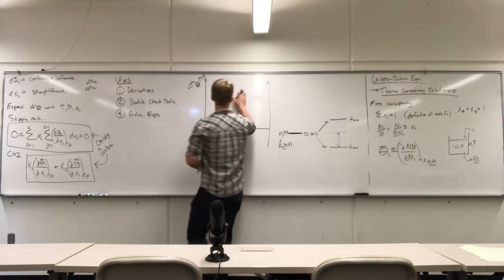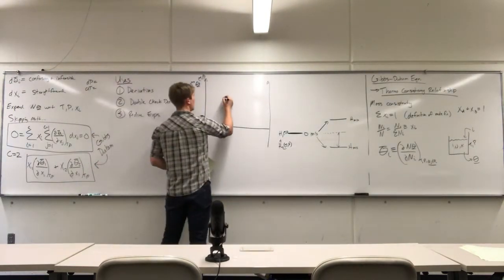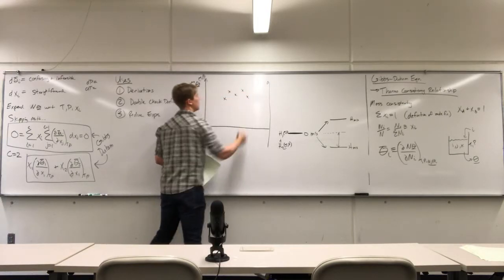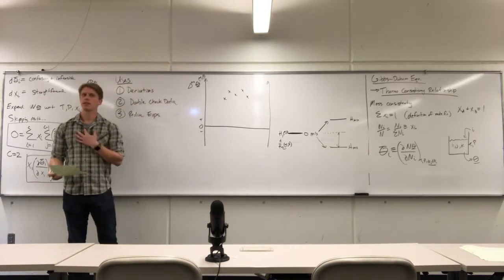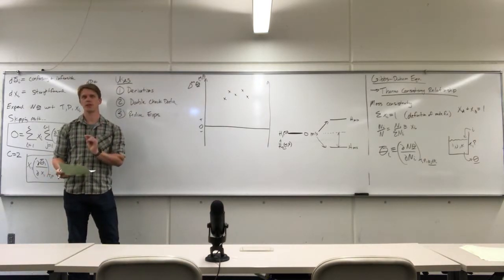So if we're doing calorimetry measurements, we may have data points that look like this. To me, that doesn't seem catastrophic. To thermodynamics, this is catastrophic.